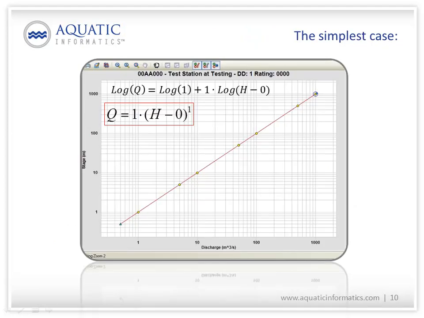Now we can actually see what these parameters in the equation look like when we plot them on a log-log scale, where both the stage and the discharge are plotted logarithmically.